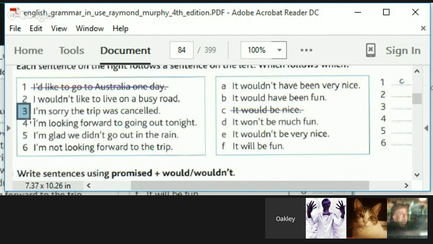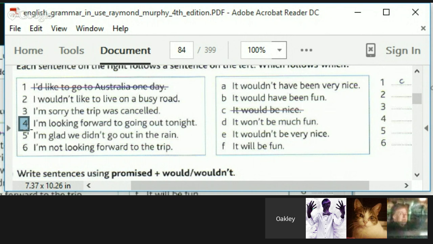You'd be happy the trip was canceled if it wouldn't be nice. Right? So you're sorry the trip was canceled. You're regretful. It would have been fun. Okay. It was canceled in the past, so we have to use the past form. Would have been fun. Okay.